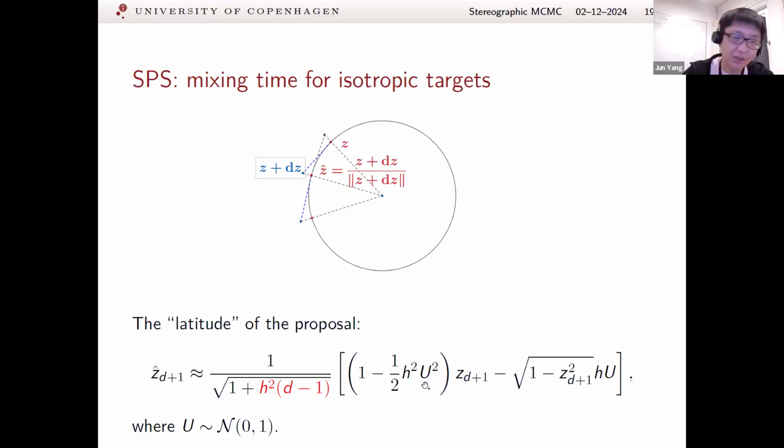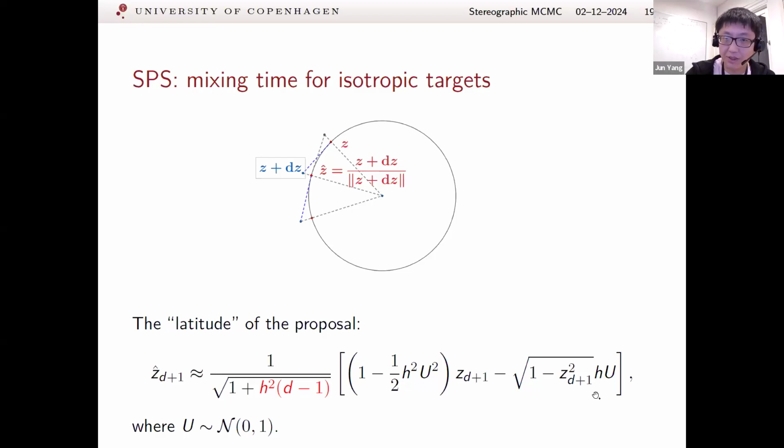here. Capital U is a one-dimensional standard Gaussian. And there's an h, which is the random walk proposal step size. Let's consider this step size to be a constant now. So you can look at the right-hand side in the square bracket. There's no dimension d, right? For given current latitude, h, the step size, is a constant, and U is a standard one-dimensional Gaussian.